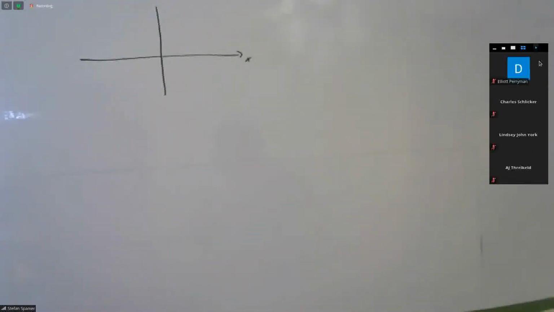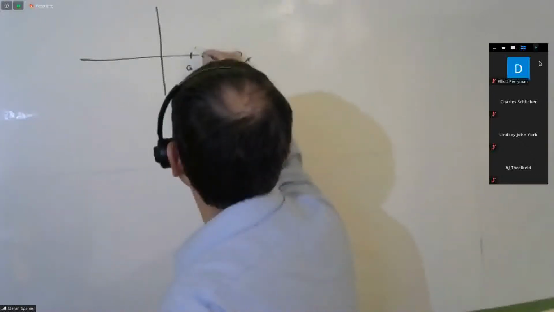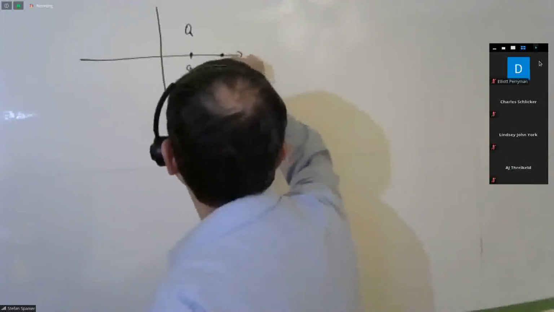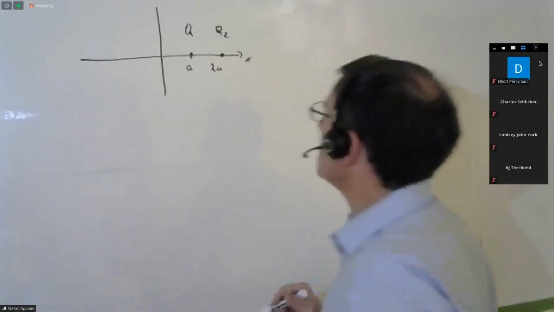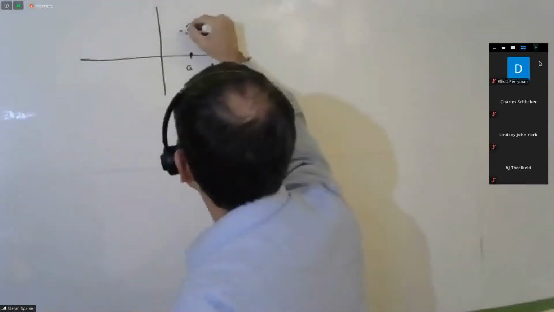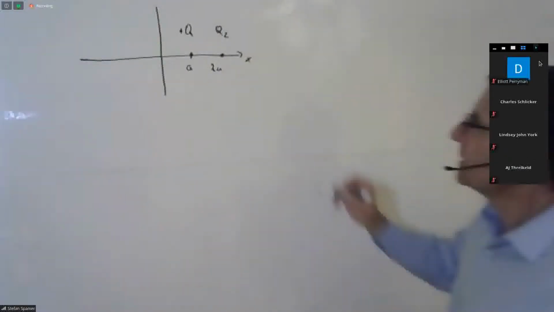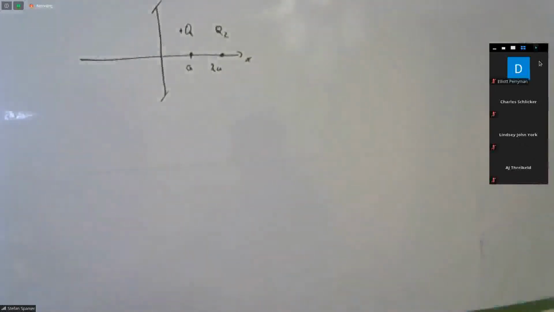And we know where this is leading up to. This is an image charge problem now. So I put at a this charge Q, and at 2a I put Q2. So this is positive. This we don't know what it is. Our plane here, just to indicate, runs perpendicular to the x-axis.